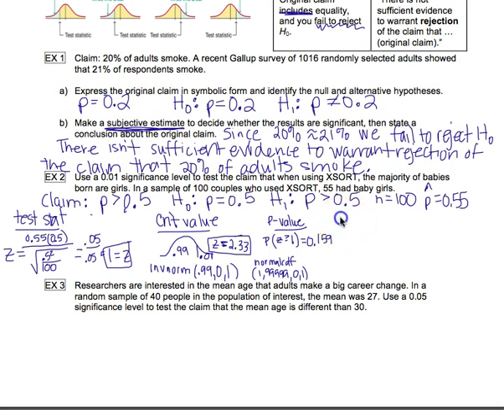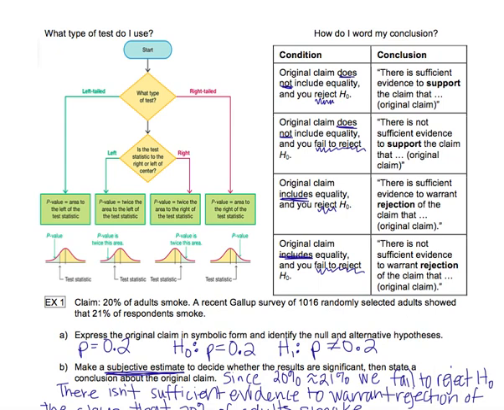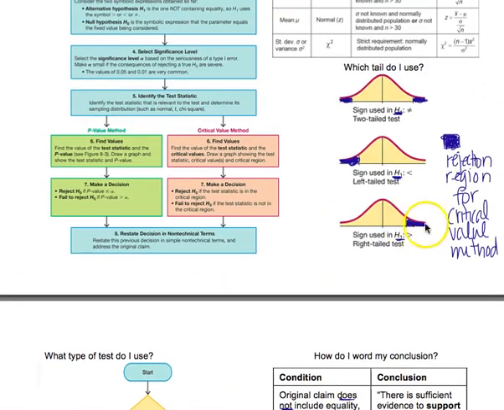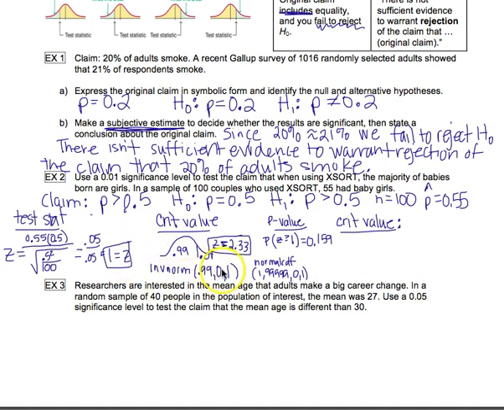So, based on the critical value method, we make our decision based on whether or not our test statistic is in the rejection region or not. So in this case, because it's right-tailed, our rejection region is over here, right?